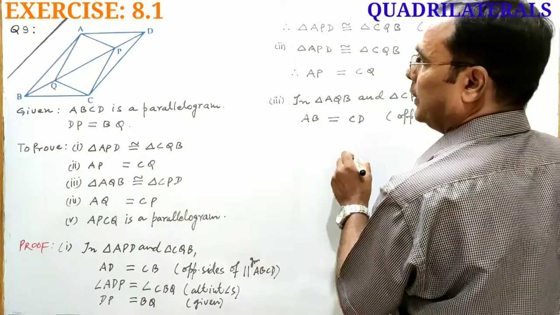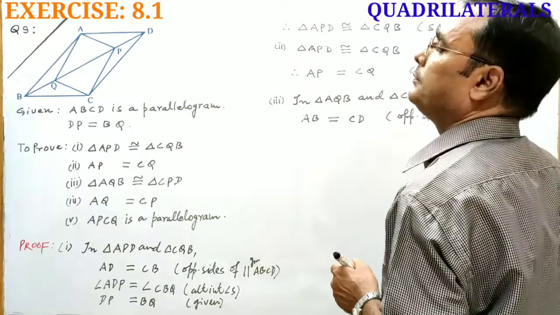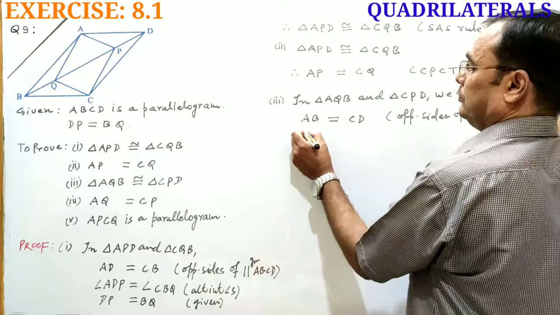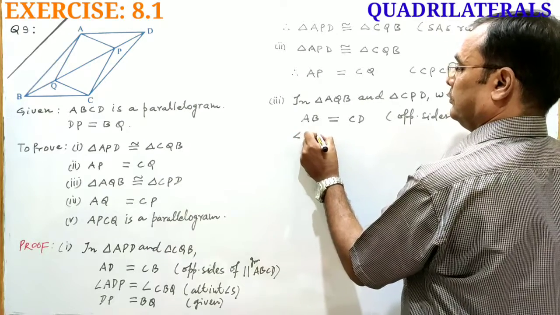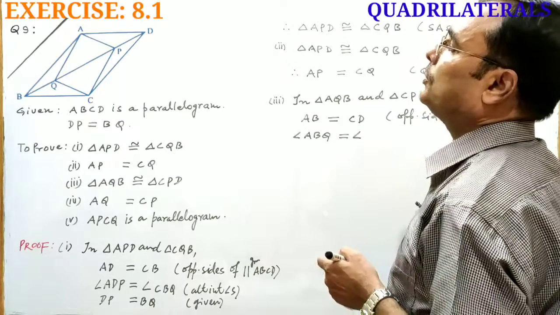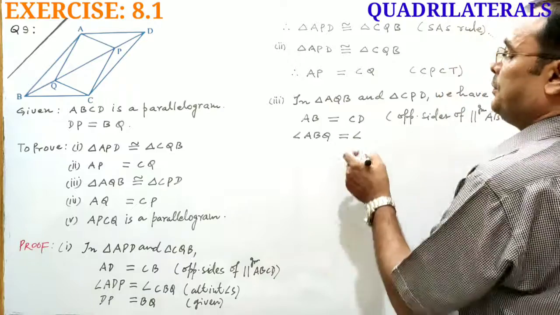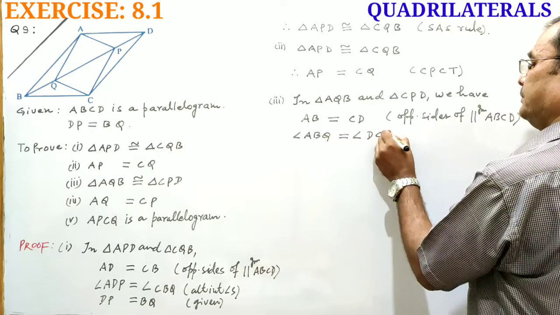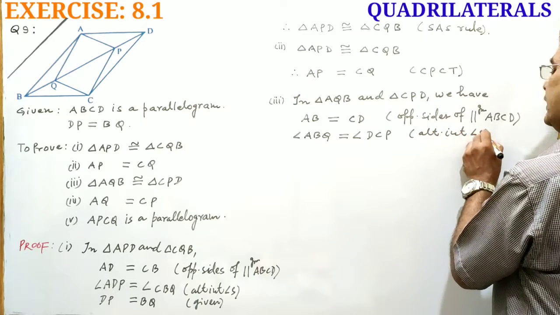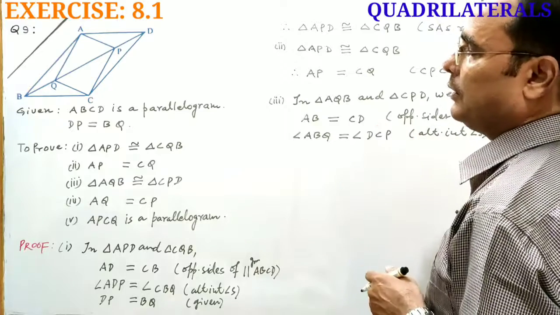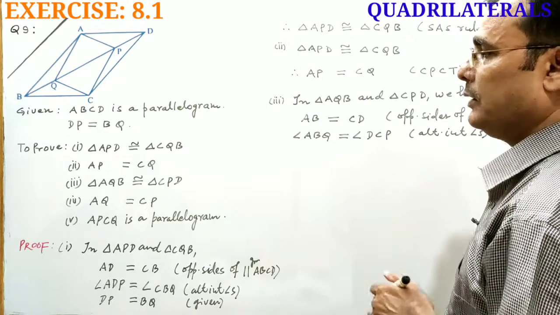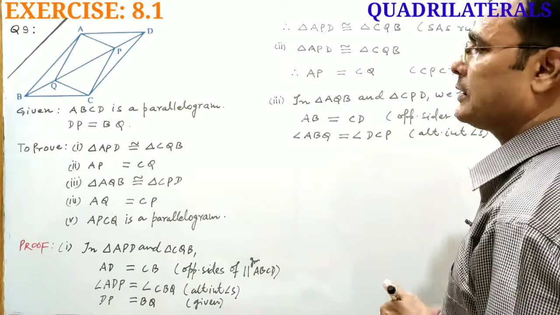And they will be equal. Angle ABQ is equal to angle DCP. Alternate interior angles, as AB is parallel to DC, opposite pair of sides of parallelogram ABCD, and BD is transversal.